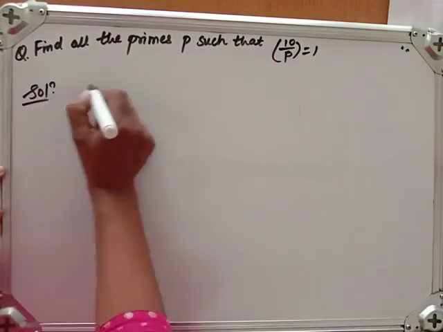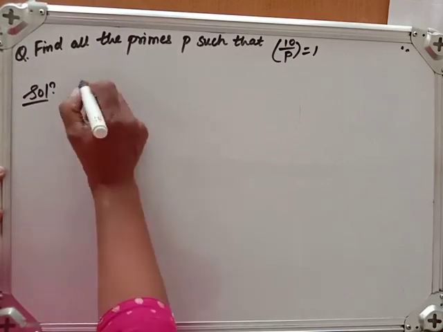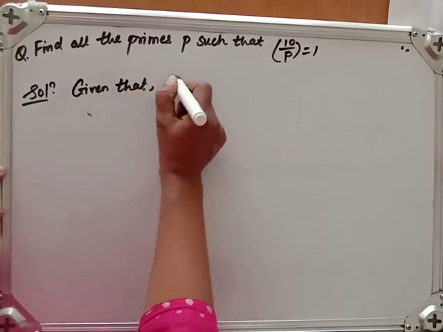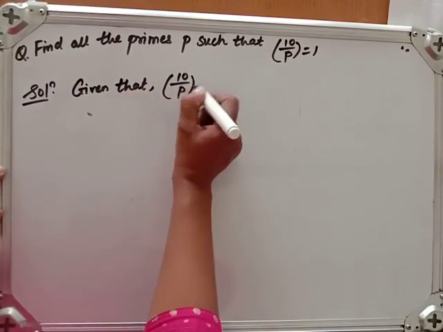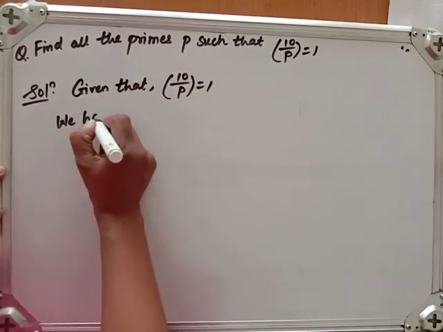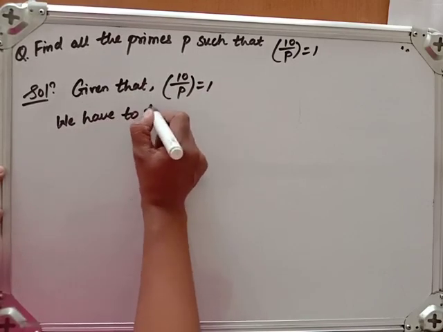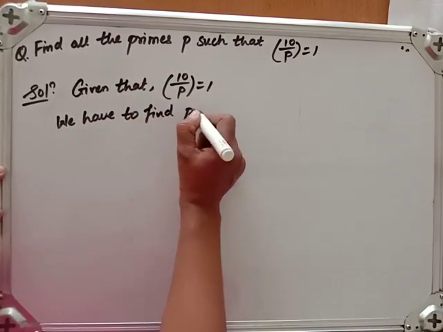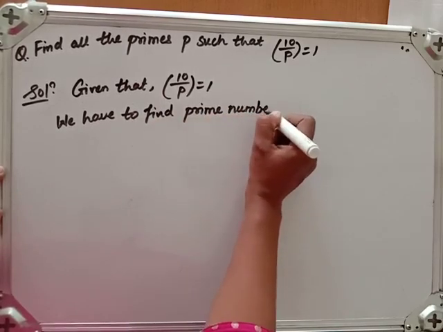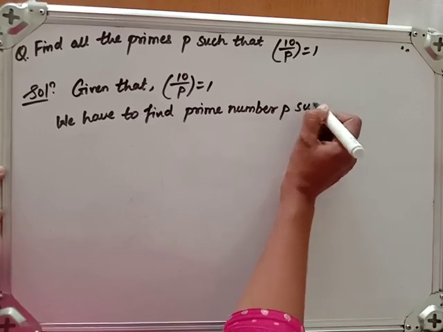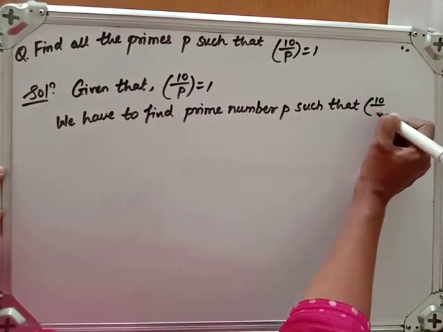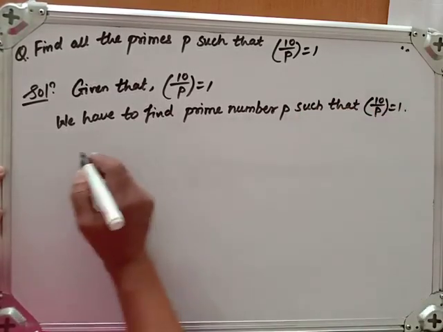Now, solution for this: what is given to us? Given that the Legendre symbol of 10 by p is 1, we have to find the prime number p such that the Legendre symbol of 10 by p is 1.